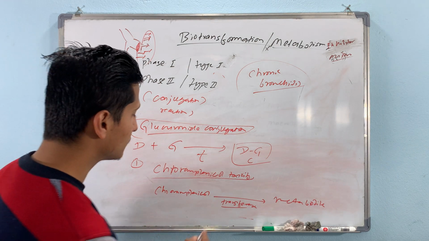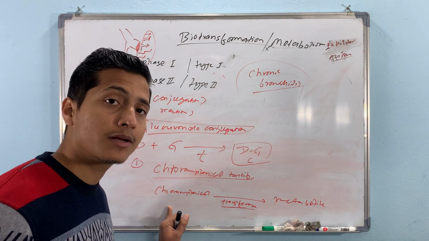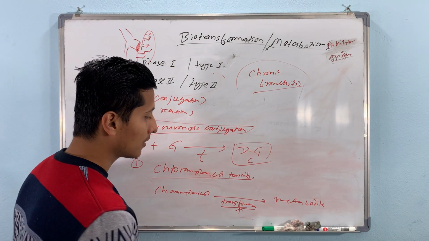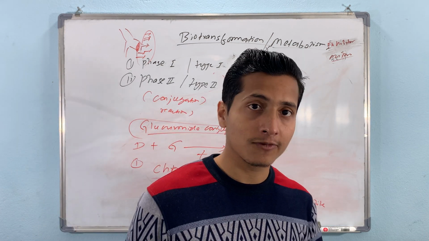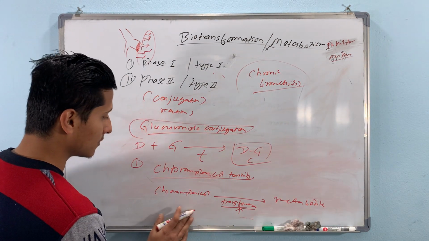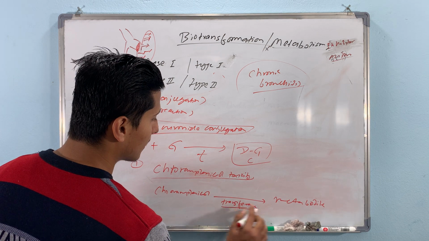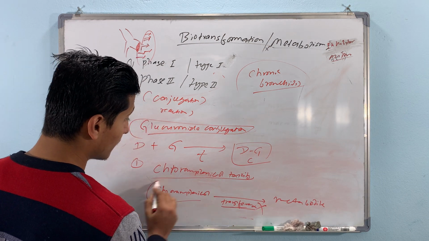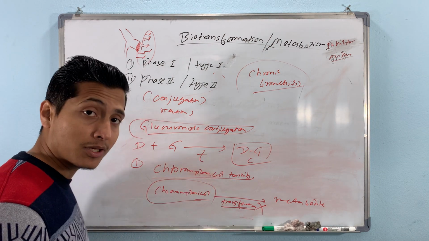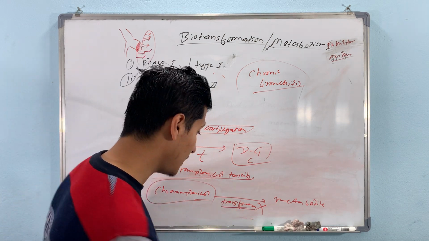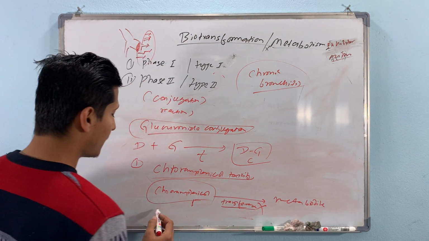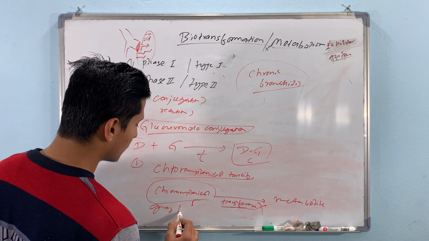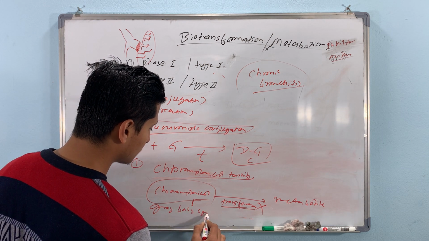In babies, the enzymes involved in chloramphenicol metabolism are not working at full capacity, so they cannot work properly. So the chloramphenicol may get accumulated in the blood of the babies, and it gives gray baby syndrome.